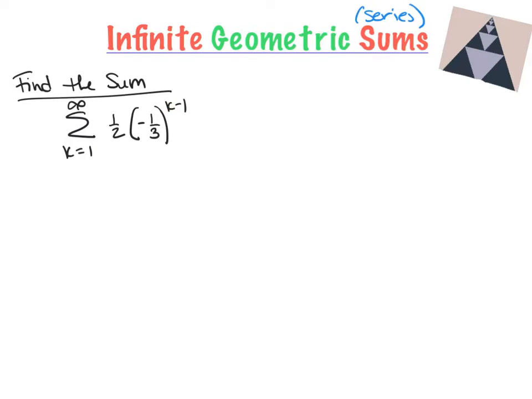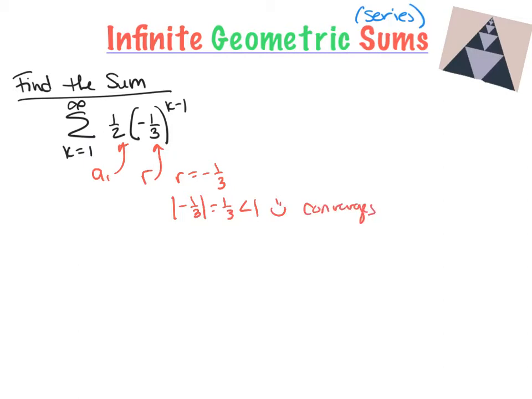Okay, so let's save ourselves some time. In the previous one, we learned that a1 is that first coefficient, and r is the base of the exponent. So in this case, r is negative 1/3, the absolute value of negative 1/3 is positive 1/3, definitely less than 1, so it converges.